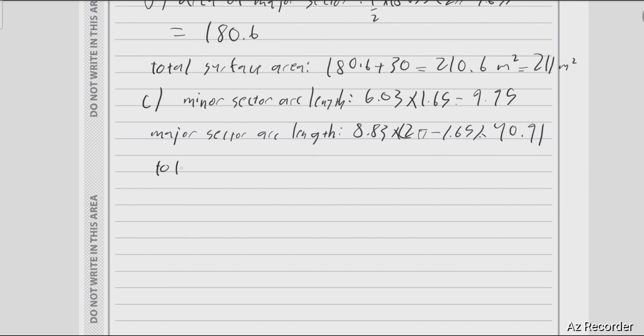So the total perimeter is 9.95 plus 40.91 plus 2.8 times 2 equals, I'll just use the calculator, 56.46.